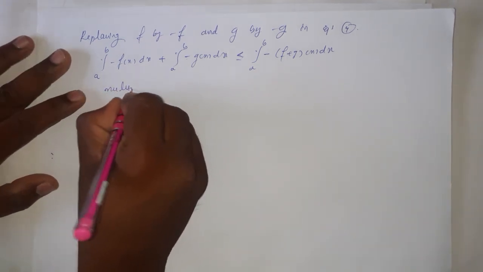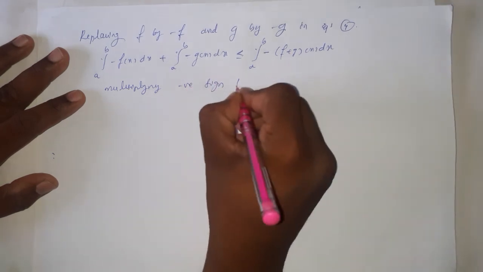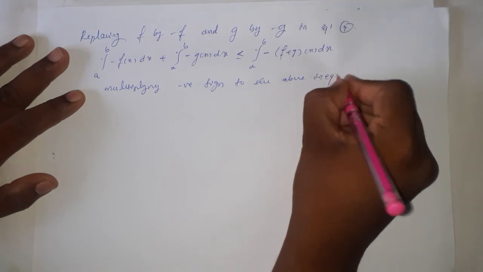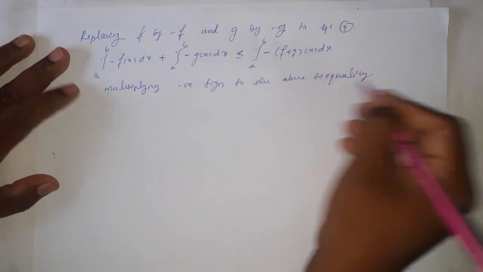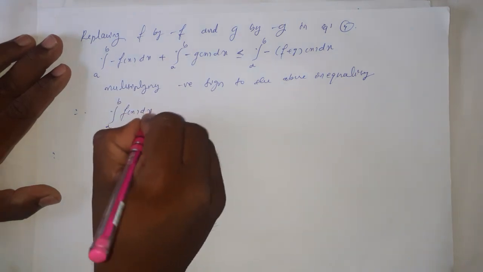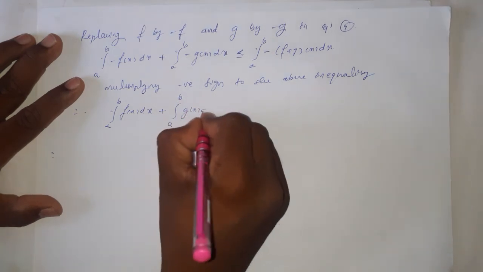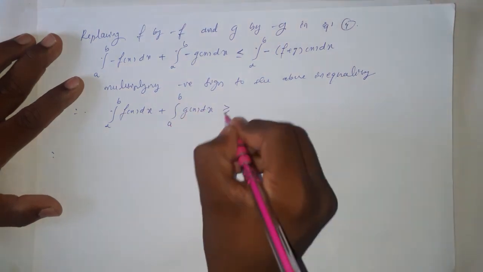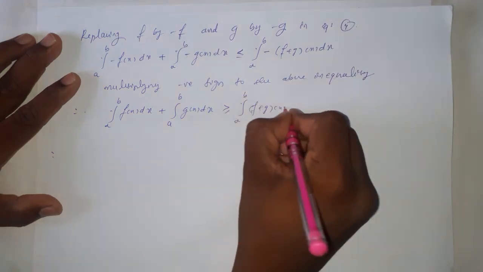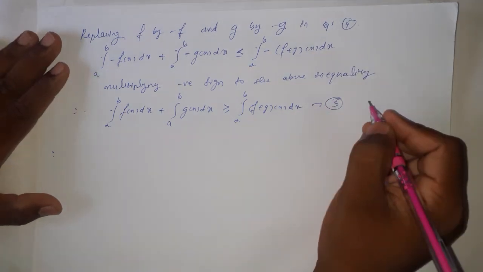So, it becomes the integration over a to b of f of x dx plus the integration over a to b of g of x dx is greater than or equal to the integration over a to b of f plus g of x dx, and consider this as equation number 5.